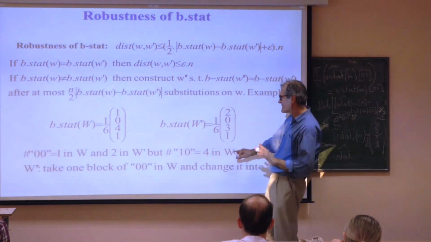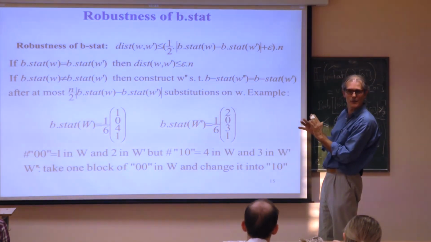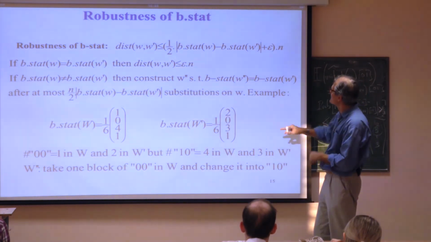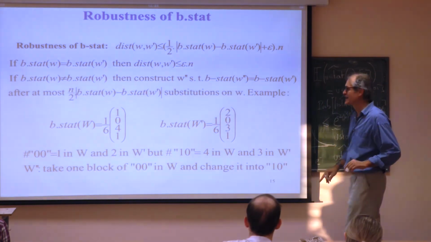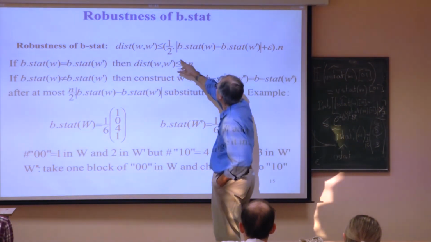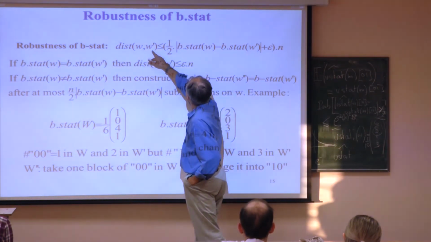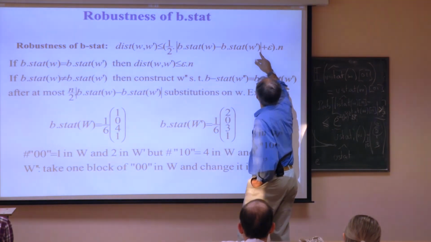And you can see that I will not make that many operations, and therefore the statistic will not change so much. So here is the computation. The result is that essentially this distance is smaller than that.